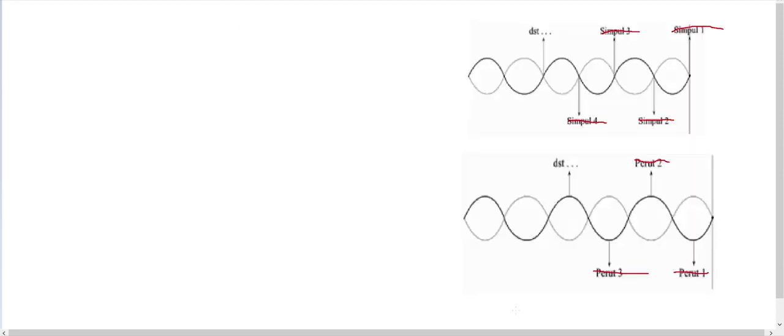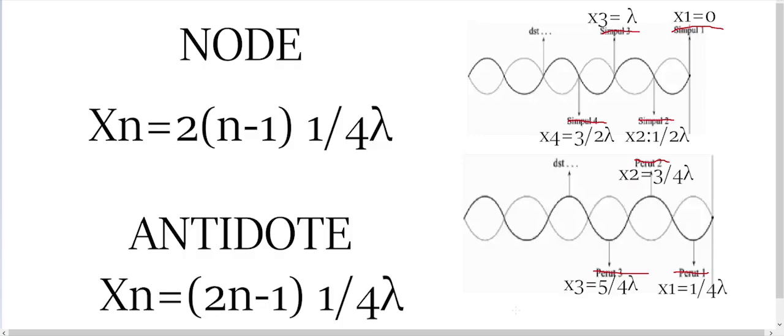We are going to continue our material, which is the node and antinode. At the top of the image is a node, and on the bottom is the antinode. The node is counted from the points of the wave.